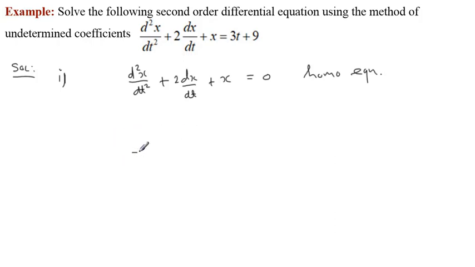Then after that, we do exactly what we are expected to do, which is setting up a characteristic equation, which is going to be m squared plus 2m plus 1 equals 0. Then solving this, we see that we get m plus 1 all squared equals 0.